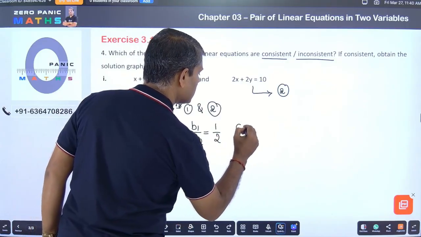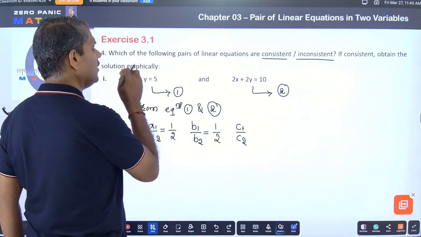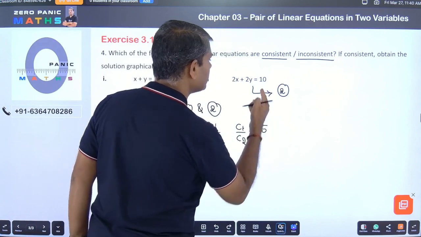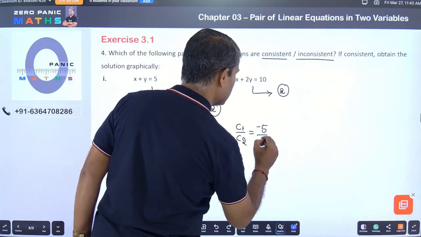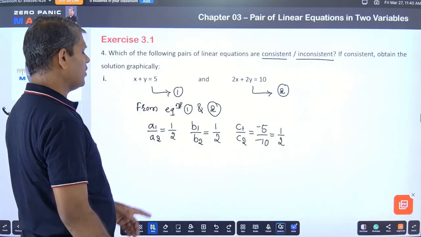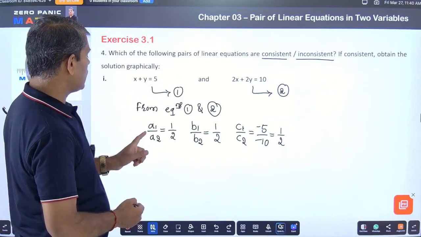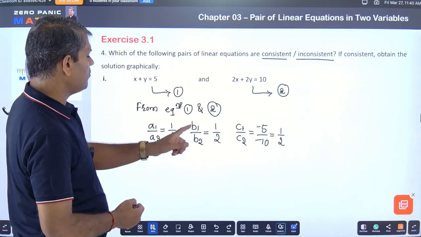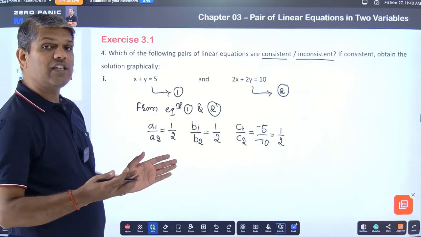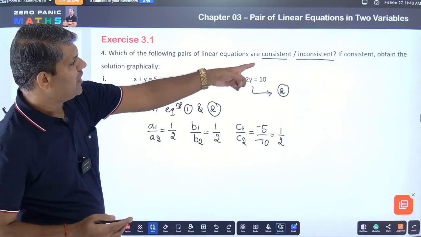And c1 by c2, taking 5 to the left hand side, it will be minus 5 by minus 10, which is also 1 by 2. So all these ratios, a1 by a2, b1 by b2 and c1 by c2, are equal to each other. So what does it mean? The lines are coincident and the lines are consistent.